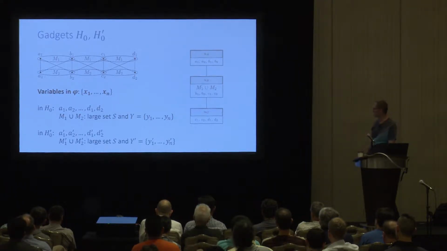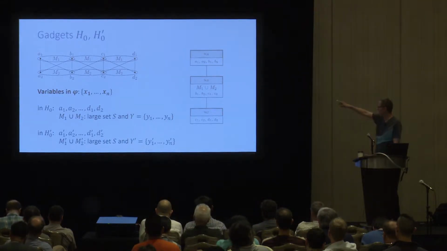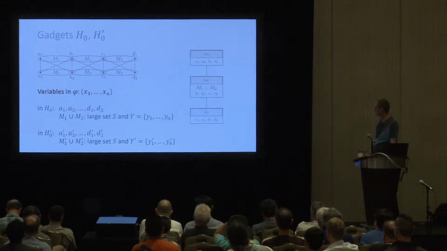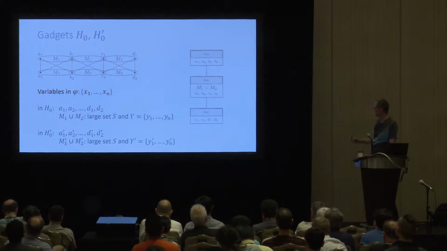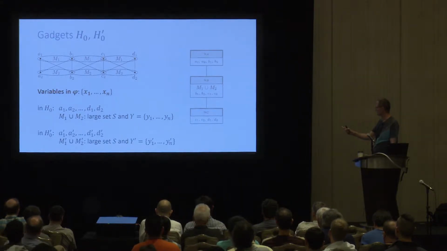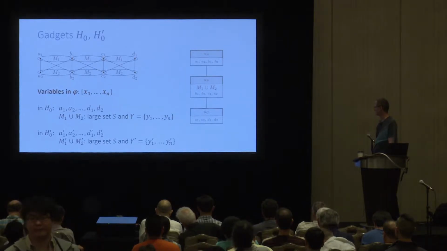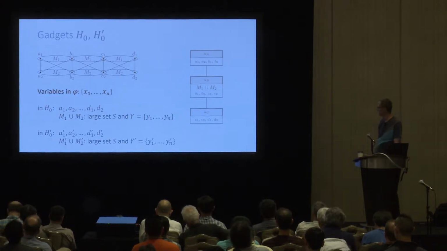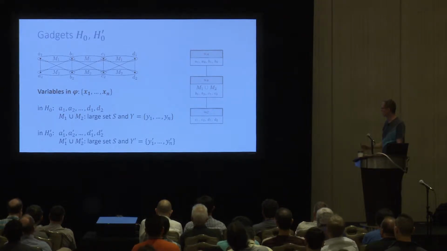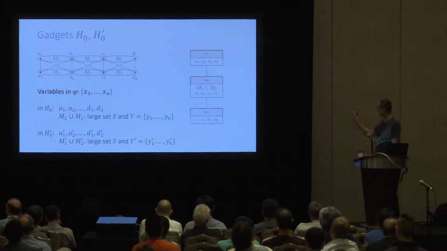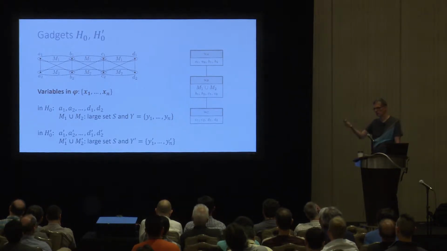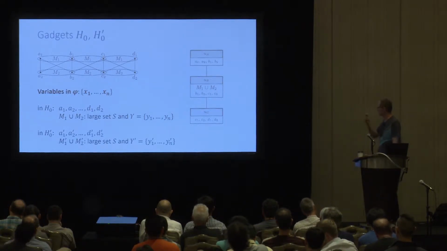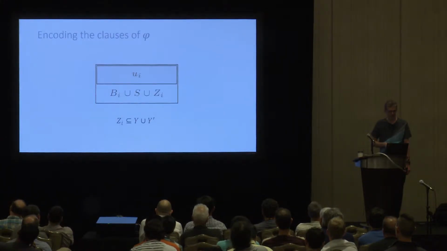And the other gadget, H0 prime, contains primed versions of this gadget, where M1 union M1 prime union M2 prime again contain exactly the same large set S, and on top of that, a set Y prime. The intuitive meaning of these Y and Y prime variables is the following. We use the vertex yi to encode the truth value true of the propositional variable xi, and we use the vertex yi prime to encode the truth value false.